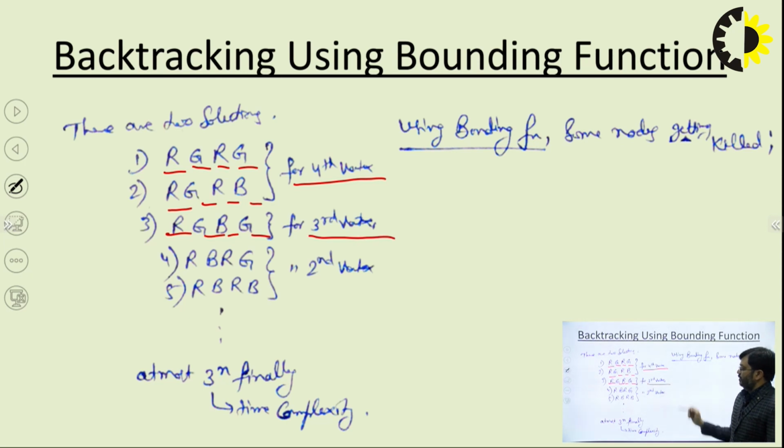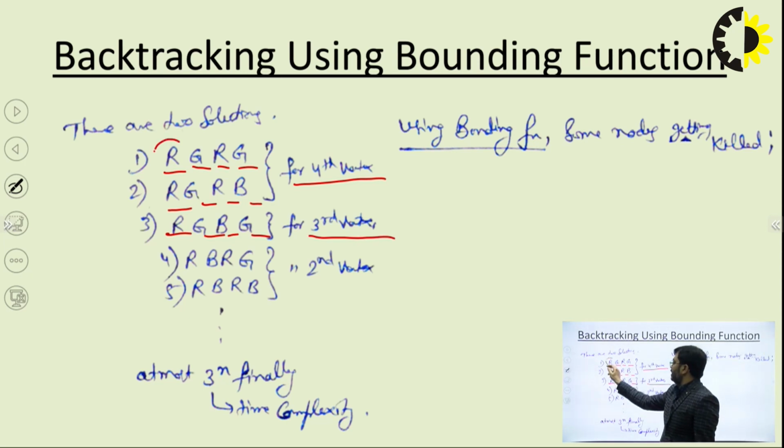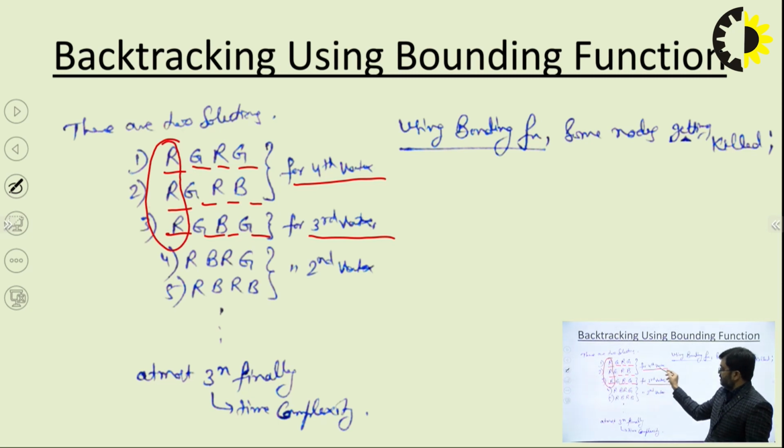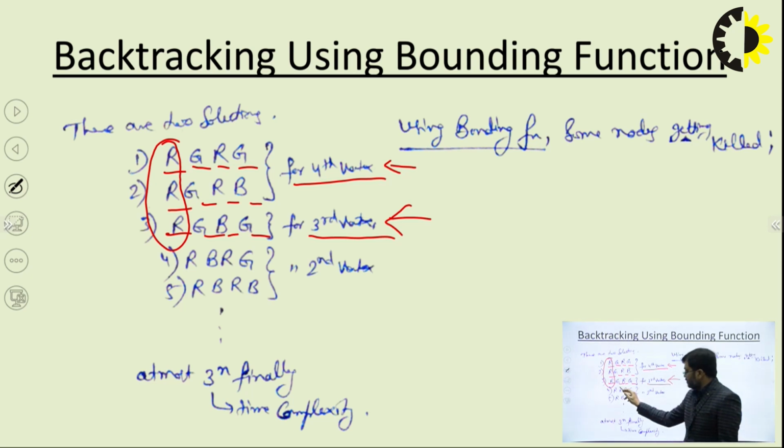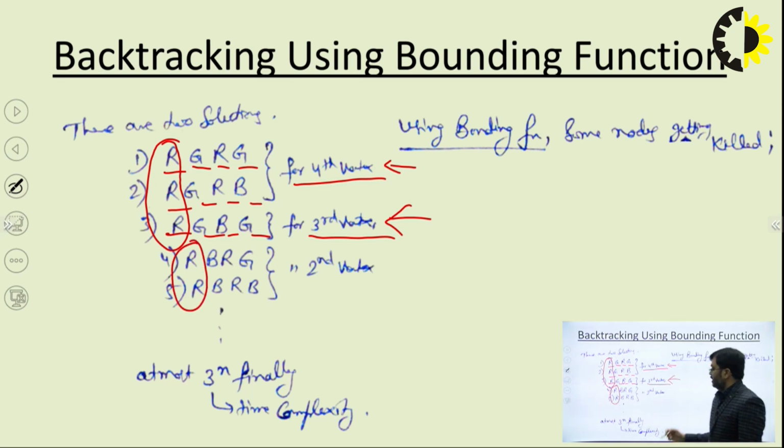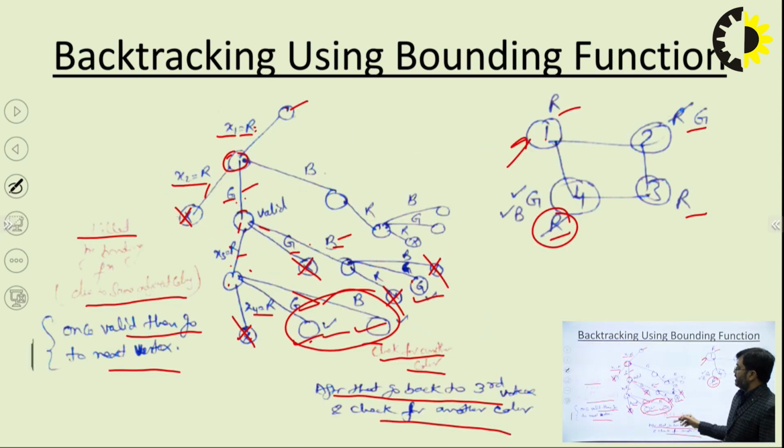This is the only option when we choose the red color for the first vertex. At the fourth vertex we had two options, and at the third vertex we had only the first option. Again we go to the second vertex by backtracking.